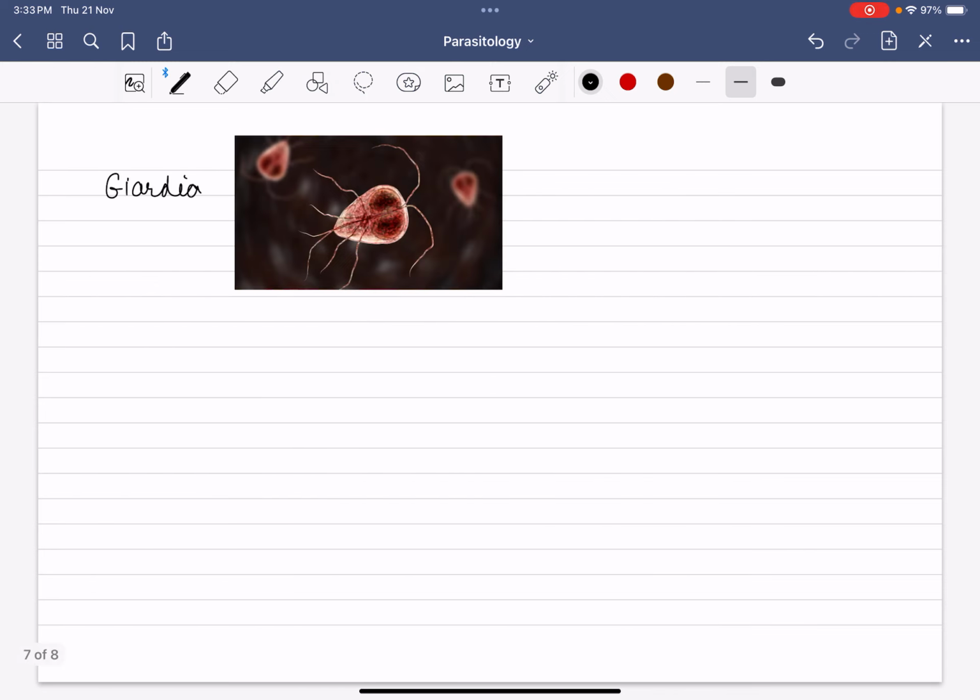Now next is your Giardia. Giardia is the most common parasitic infection. Important point. Again, one cyst form and one trophozoite form. Host is human.